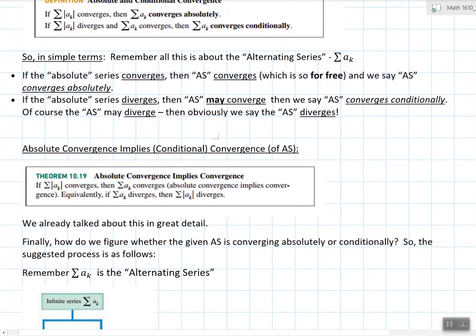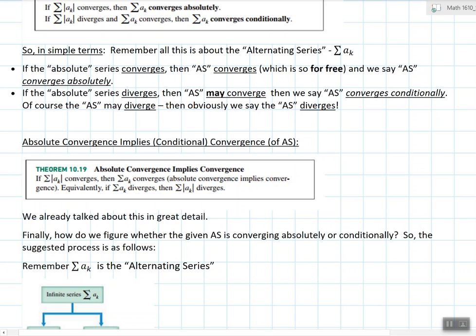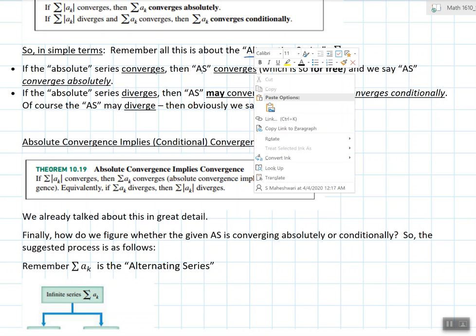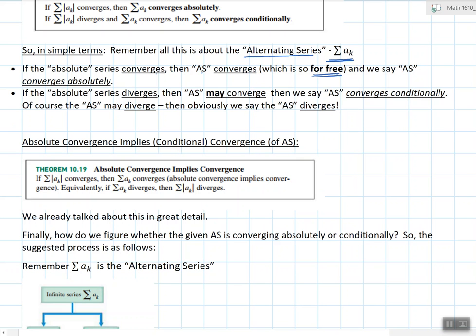So again, let's rephrase it and write it in some simple terms. Remember that all this is about alternating series. If the absolute series converges, then the alternating series converges, and that is for free. And we say that the alternating series converges absolutely.